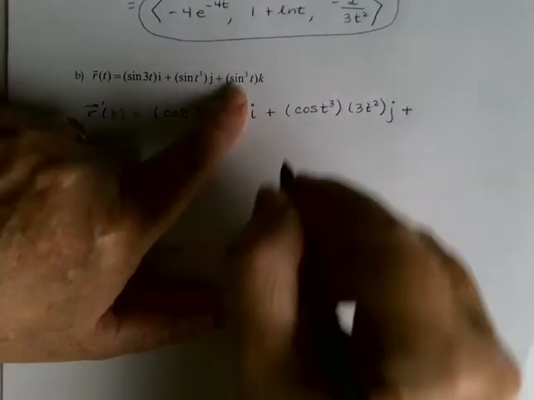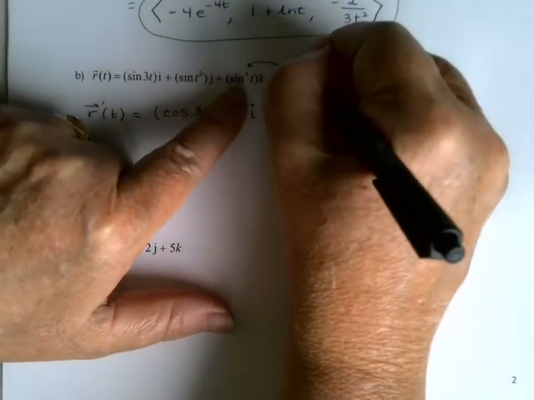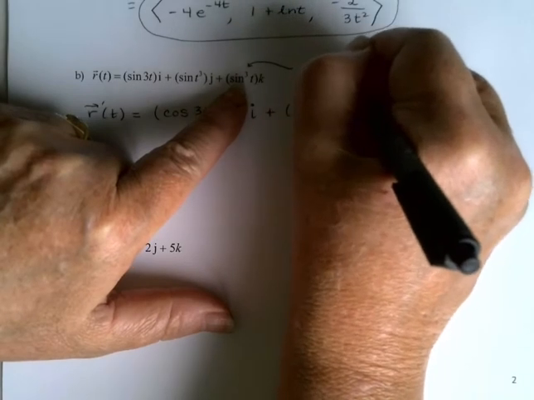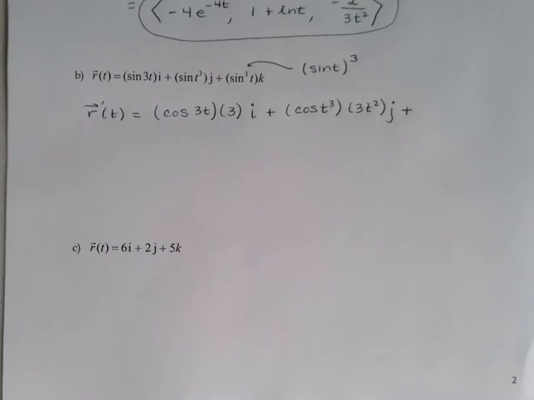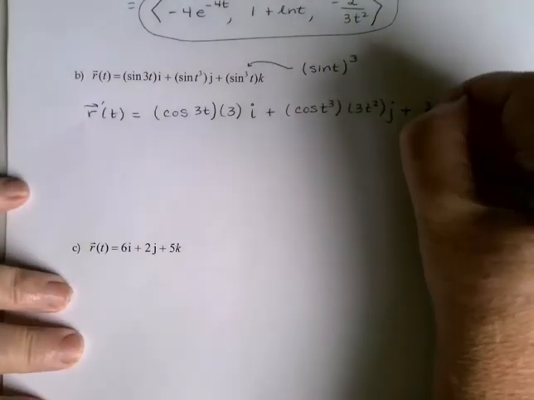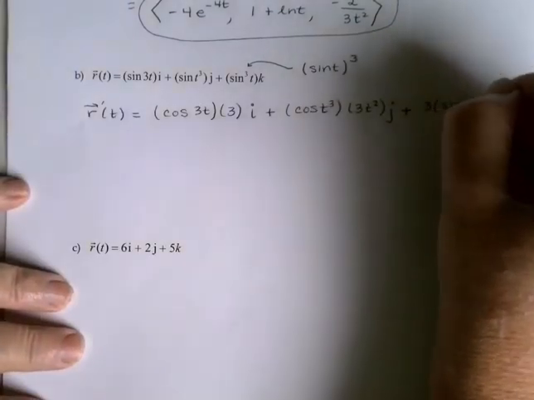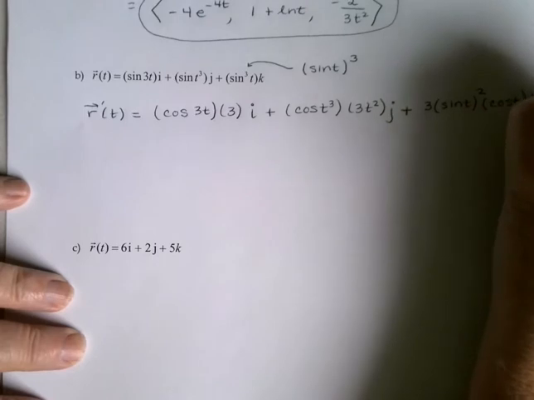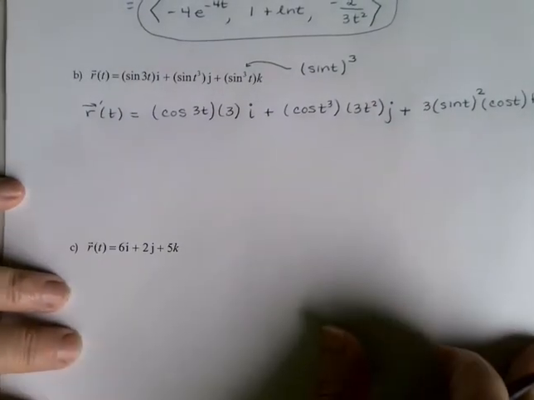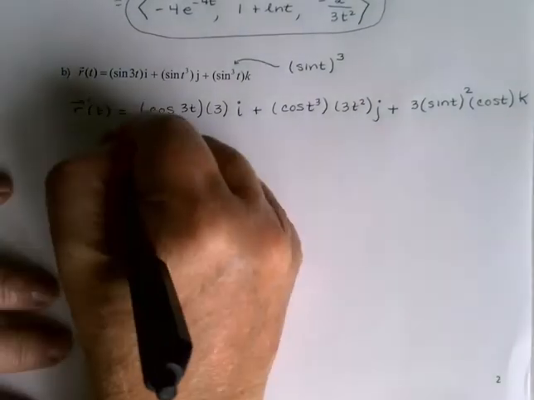And then remember here, we need to think of this as the whole function sine t to the third power. So when I do my power rule, I'm going to get 3 times sine squared t, and then the chain rule will give me a times cosine t. And that would be the k component.